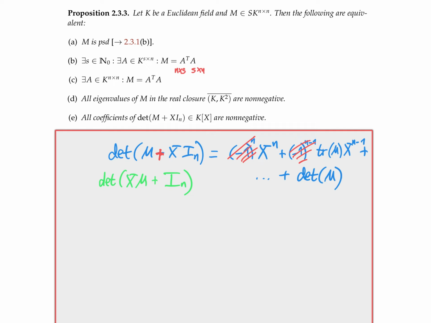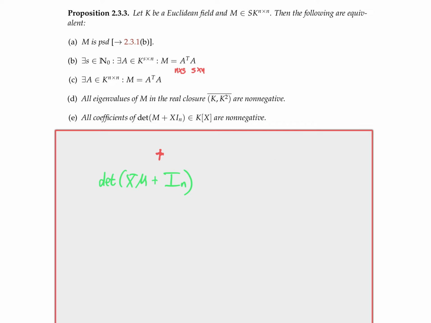So in fact, it's not so clear that our definition of characteristic polynomial is the best one, and here I would actually prefer to work with this polynomial, which is up to some sign issues the same, of course.